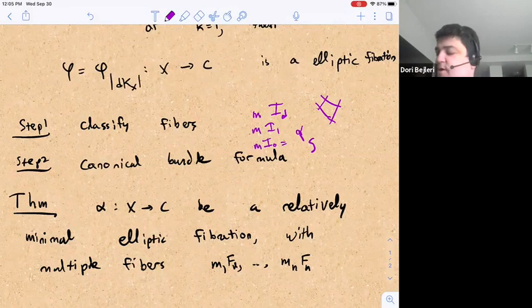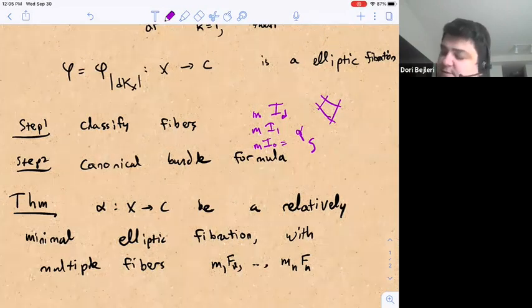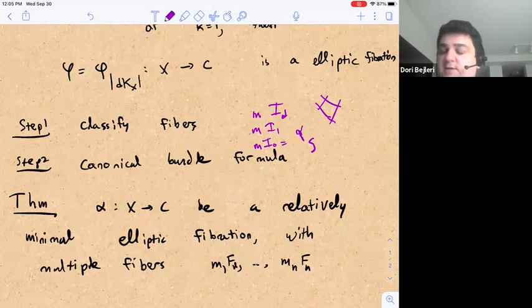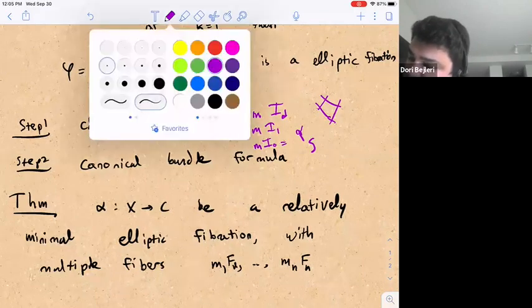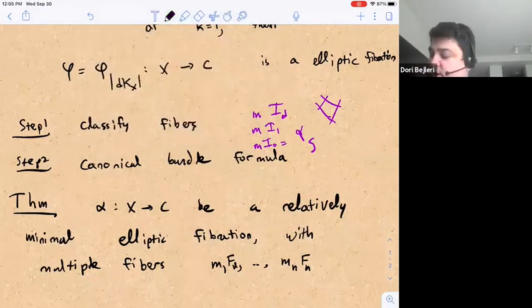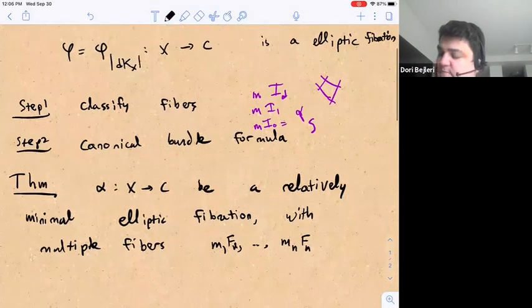So these fibers are non-reduced fibers where everything is an integer multiple of a fiber that looks like a loop of P1s or a nodal cubic or just a non-singular elliptic curve. And M is this multiplicity. Okay, so look at all these multiple fibers. So there are other types of singular fibers, but in the canonical bundle formula, it's the multiple fibers that make a contribution.